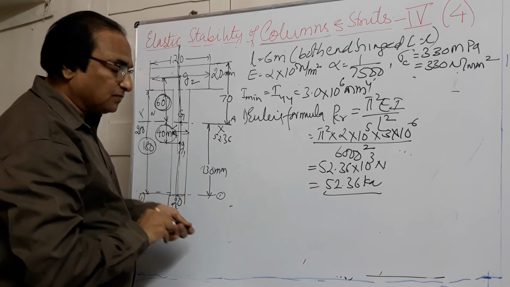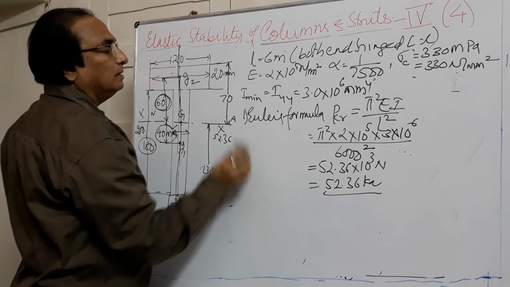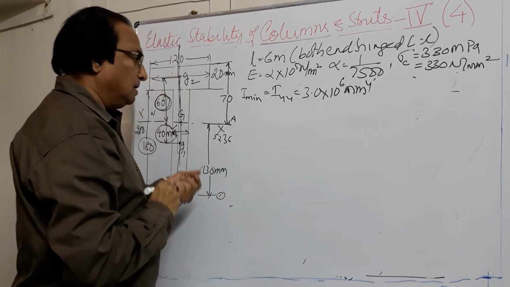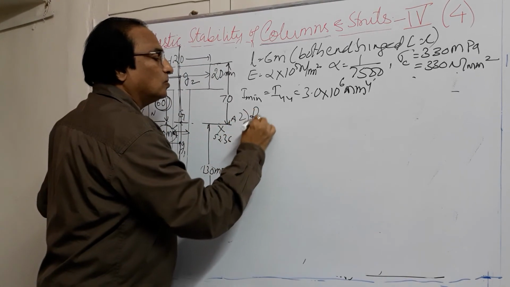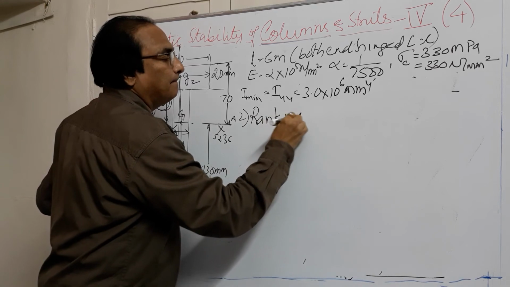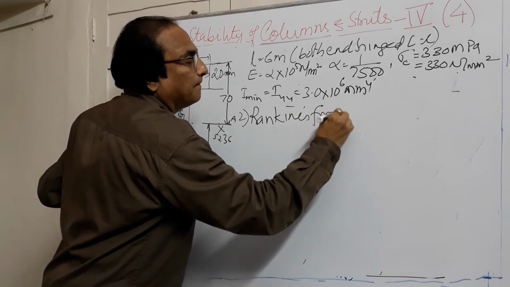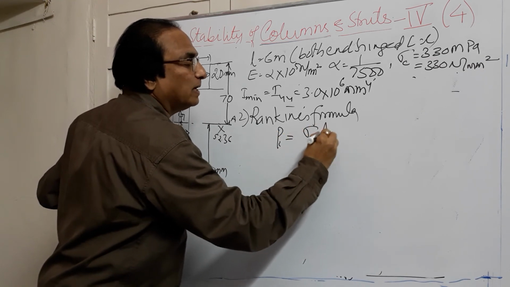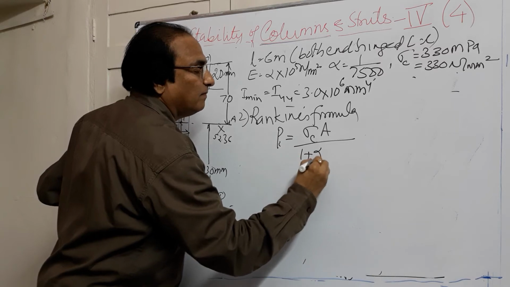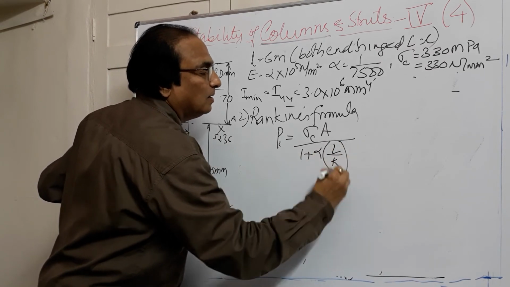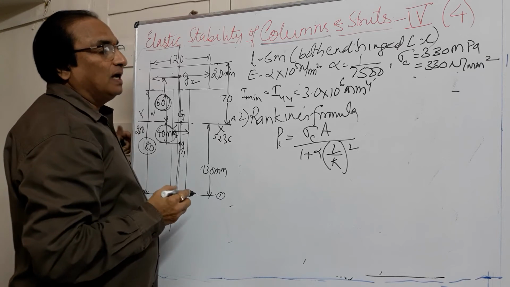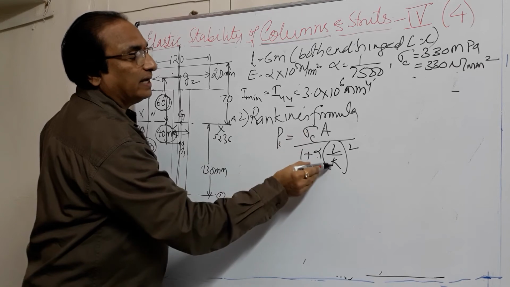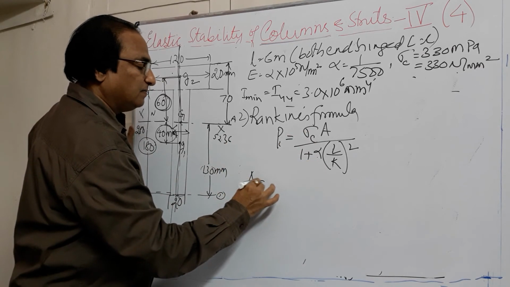Now we'll go for Rankine's formula. Rankine's formula is given by P is equal to sigma C into A divided by 1 plus alpha into L by K whole square. In this, you know sigma C, you know alpha, you know L, and you will have to find out A and K. What is the cross section area of the column?